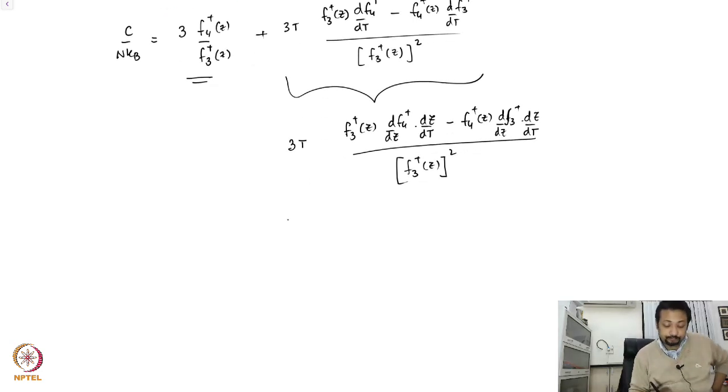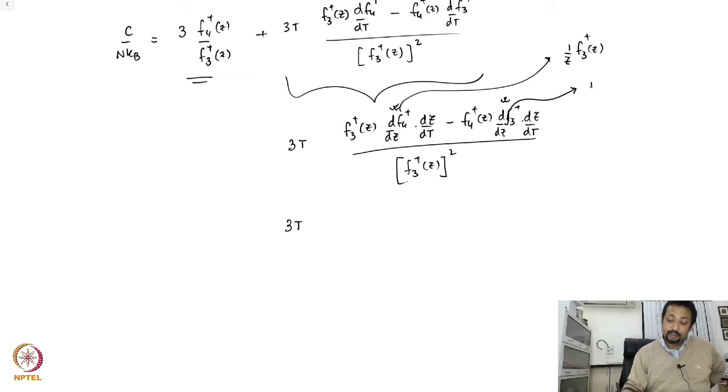So that this is 3. This I already know, these derivatives. This derivative is 1 by z f3 plus of z, and this derivative is 1 by z f2 plus z.